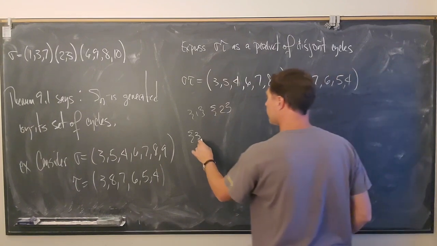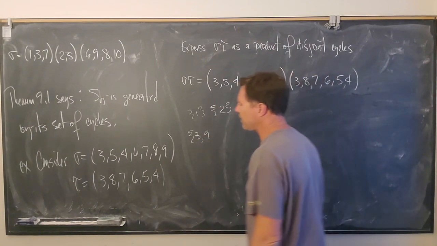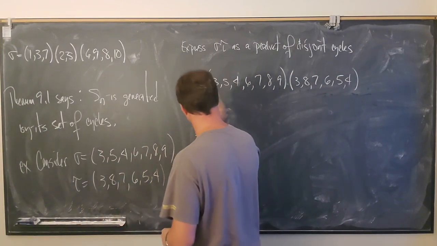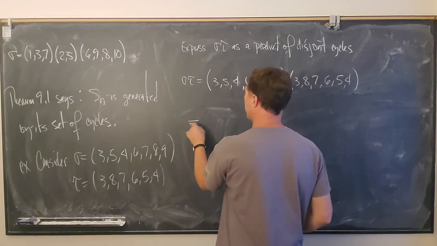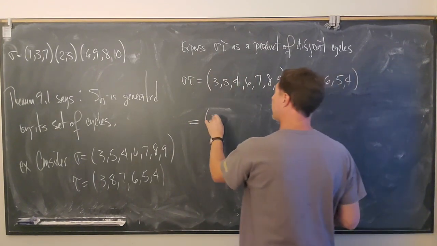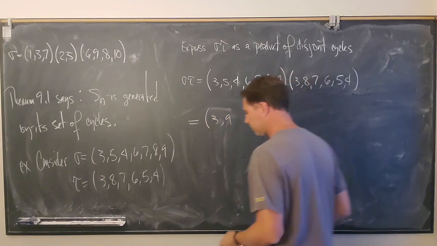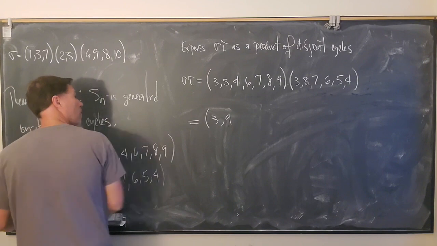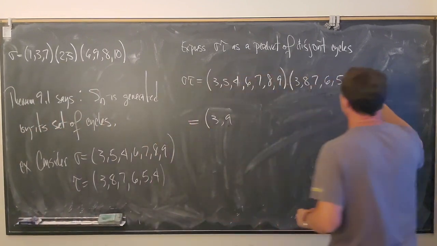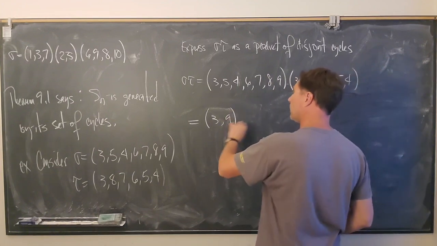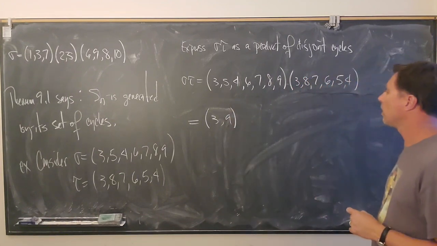So 3 goes to 9. In fact, let's be a little bit cleaner here. As I read right to left, 3 goes to 8, which goes to 9. So 3 goes to 9. Okay, so now what happens to 9? Nothing, and then 9 goes back to 3. So 3, 9.